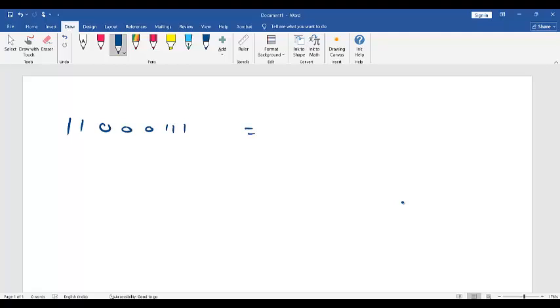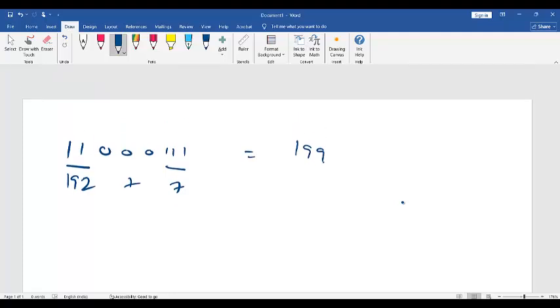Very correct. Very nice. But there are easier ways. I told you these two, if it is 1, it is 192. And this is 7. 192 plus 7 is 199. Okay. I have to keep remembering. Then it will be easy.